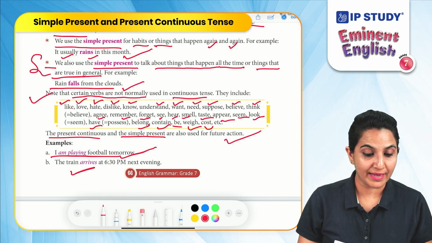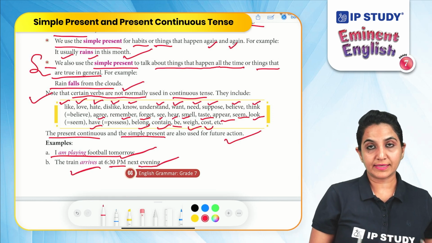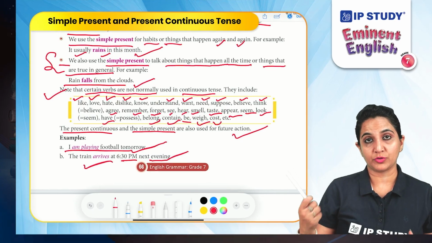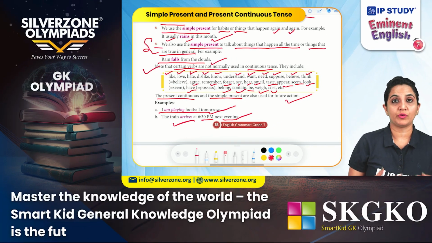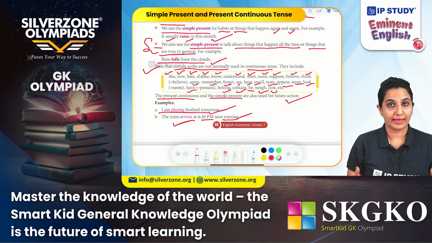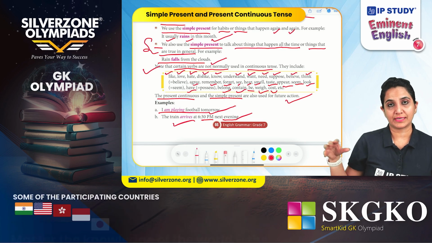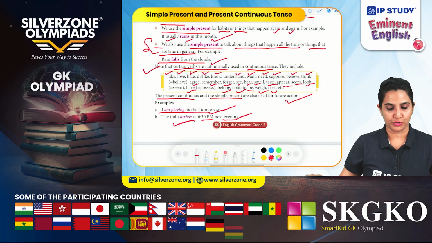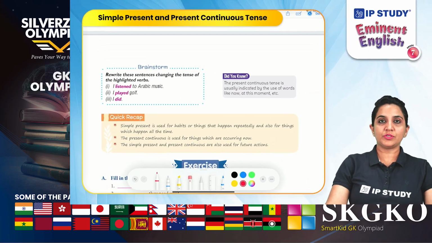The train arrives at 6:30 p.m. next evening. This is again about the future, about the next evening. So for this again we use the simple present tense, arrives, to express things that are going to happen in future.